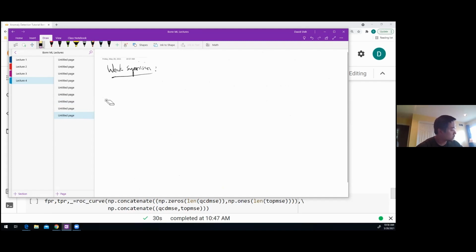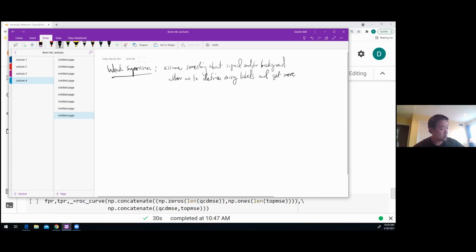So basically here we'd like to assume something about signal and/or background that allow us to define noisy labels and get more sensitivity to the signals that satisfy these assumptions.